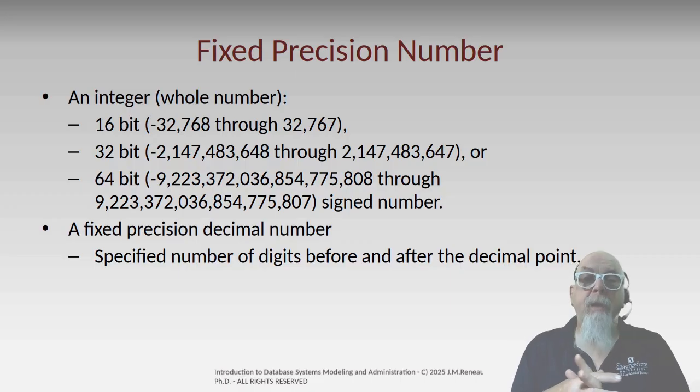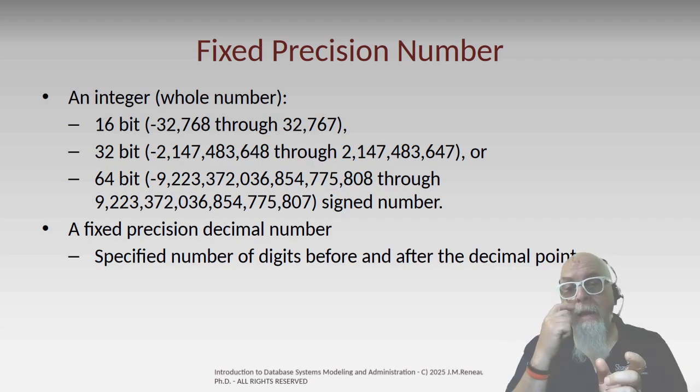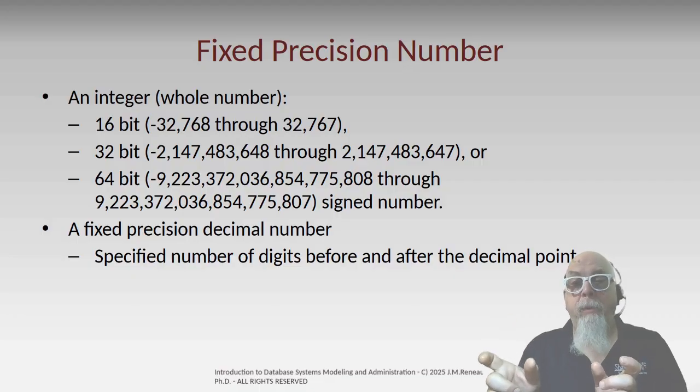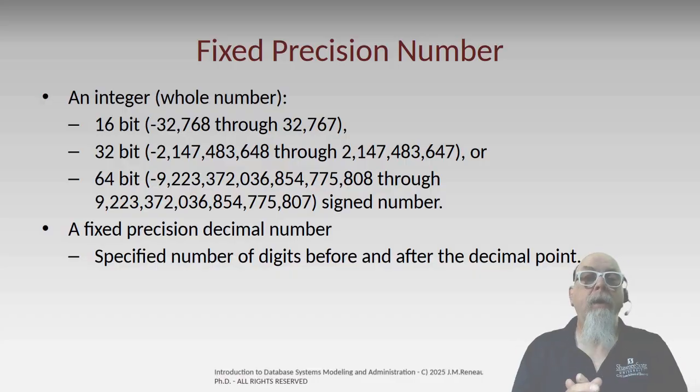A fixed precision number can be an integer or a decimal number, but if it's a decimal number, we've also fixed and defined how many digits beyond the decimal point, how many fractional digits we will allow or not allow. So fixed precision numbers are usually stored in a database system as either a 16, 32, or 64-bit number.